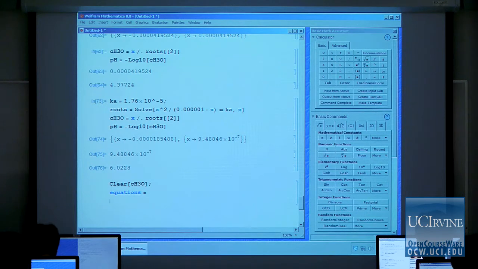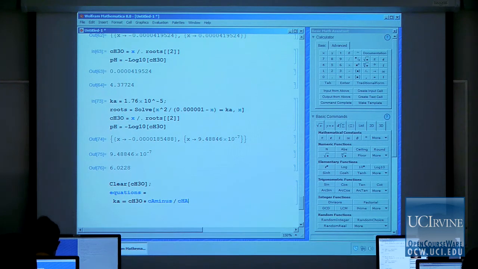And the first one I'm going to put in is the acid dissociation equilibrium. So I'm going to say Ka equals the concentration of H3O at equilibrium times the concentration of, sorry, it should be A minus, so CA minus, divided by CHA.